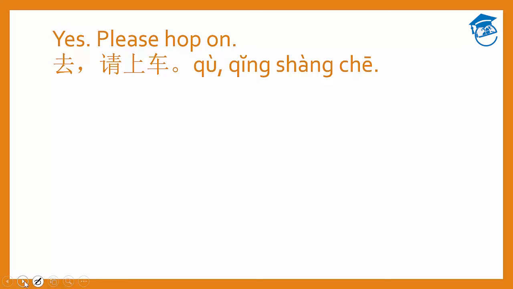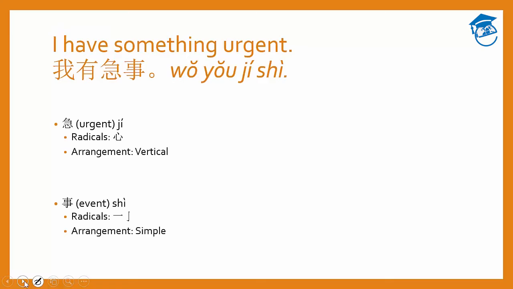So the next one, let's see what Jane says next. She says, I have something urgent. In Mandarin, it is 我有急事. So there are two new words here. Let's look at them. So 急, it means urgent. This is the pinyin 急. And radical is what's at the bottom there.